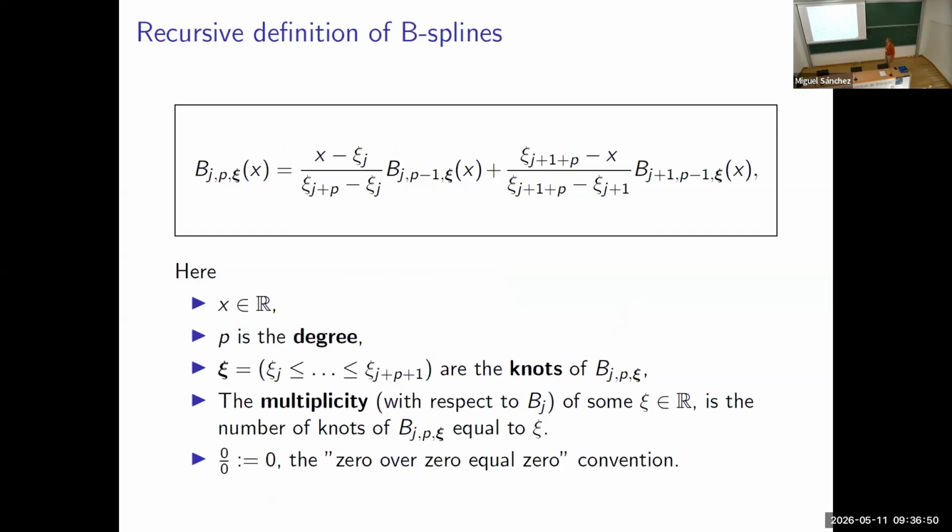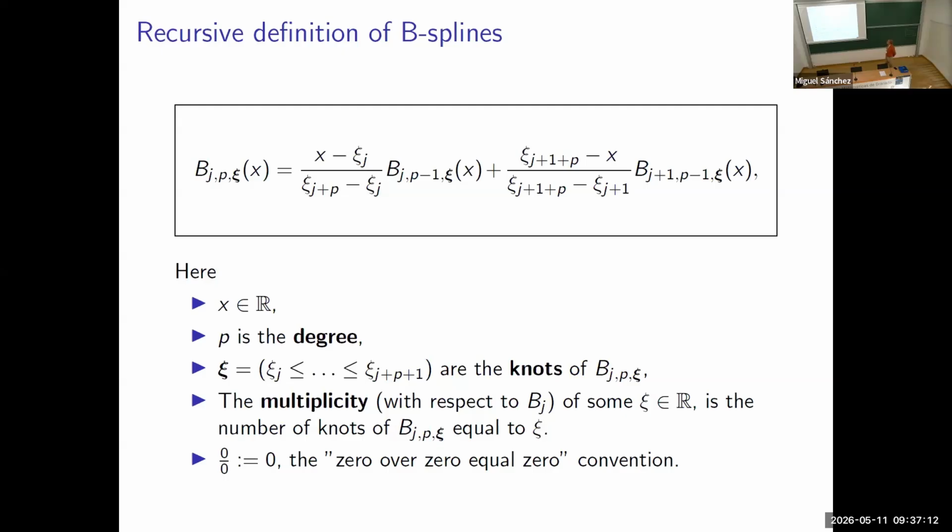So here is the recursive definition of B-splines. You compute the jth B-spline of degree p as a linear combination of two B-splines of degree p minus 1. You have certain coefficients here, which I will not spend too much time explaining.